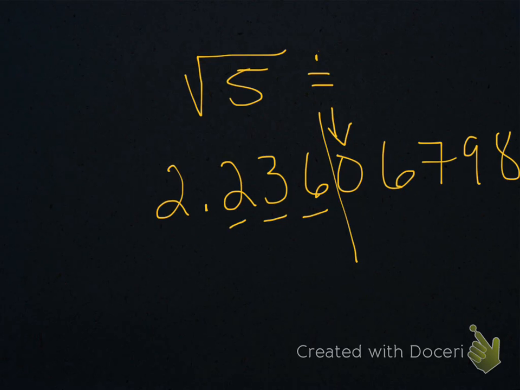So it's not 5 or higher. So our rounded decimal will be 2.236. So when you're working with radicals, when you're working with irrational numbers and roots, we're going to round to the thousandths place. And your directions on whatever problem you're working on should tell you how to express your answer. Now in future, we're going to be learning how to express it in radical form, but we're not there yet.